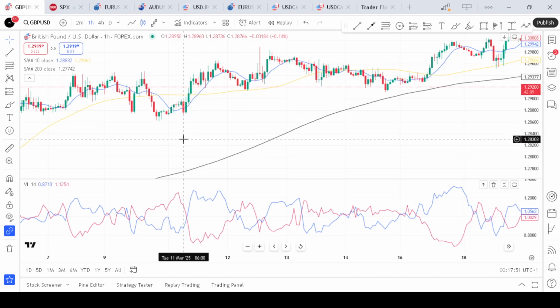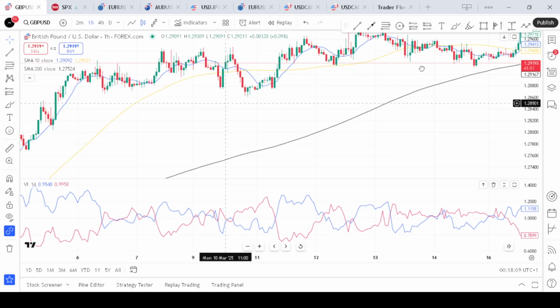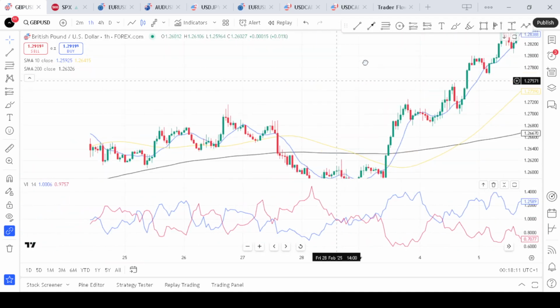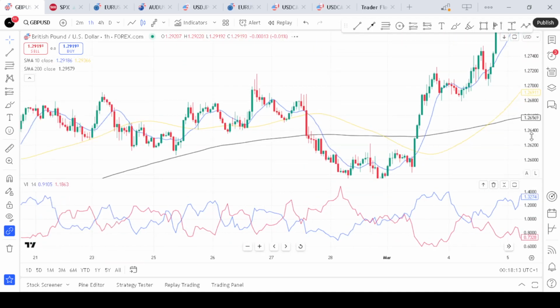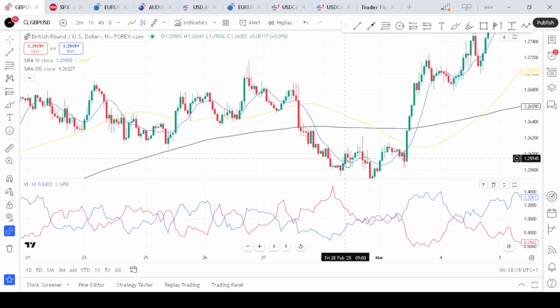You'll be looking for price to be above the short-term moving average, with the short-term moving average crossing above the medium-term moving average, which is the 10 moving average crossing above the 50 moving average. This alignment suggests strong upward momentum. Now for a bearish trade, the process is reversed.